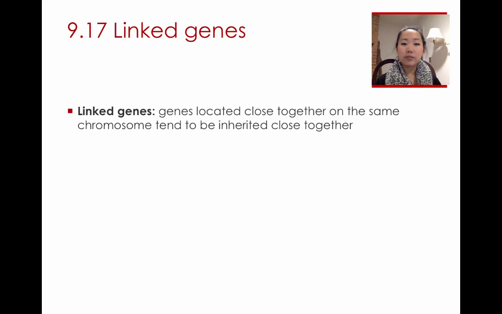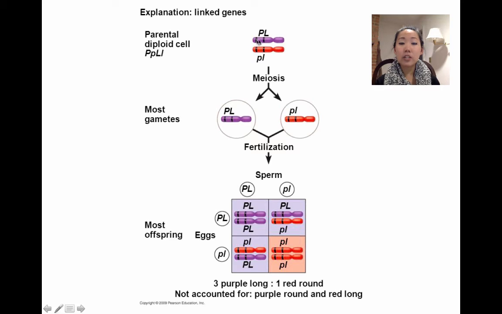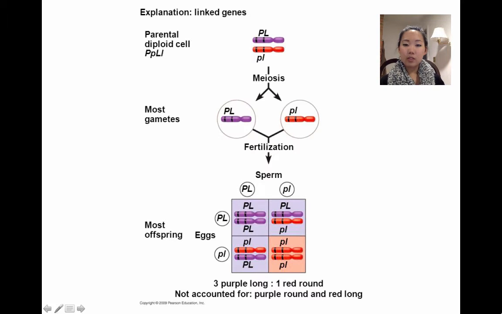If you can imagine a chromosome, you see how these genes here are so close together that when there's crossing over, they tend to be crossed over together, the P and the L. And so what you'll notice when there's linked genes is that instead of seeing the 9:3:3:1 ratio for the offspring in terms of its phenotype, most of the offspring will exhibit just the characteristics of its parents, and you don't see recombination where there's a big P and a little L. You don't really see that very often, and you also don't see the opposite, little P and big L, because the recombination isn't really happening.